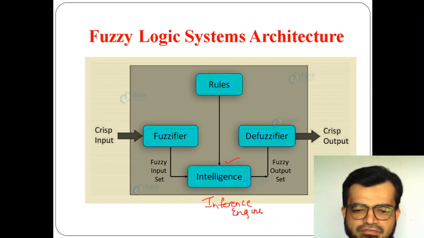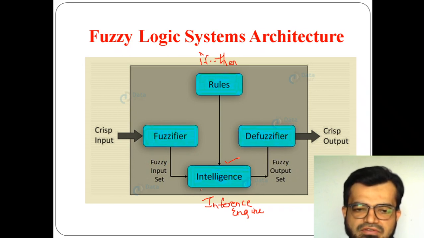So what is the role of the inference engine? The inference engine takes the rules which are already predefined by the fuzzy logic. For the particular application you are doing, specific rules have been defined, and those rules are in the form of if-then rules.